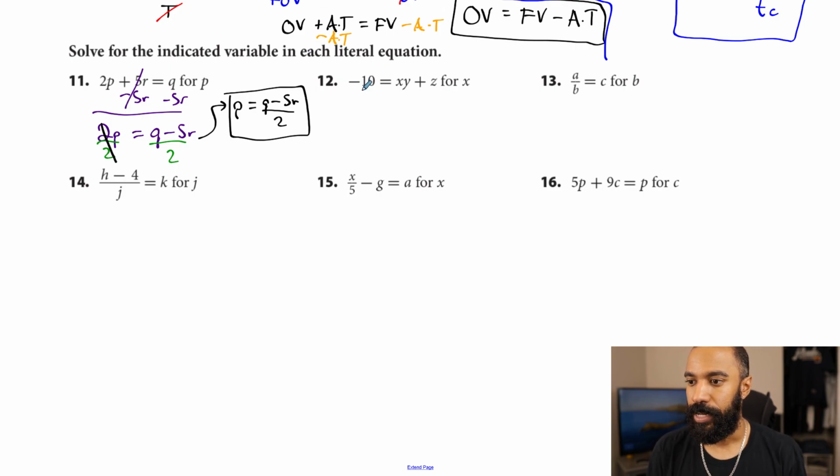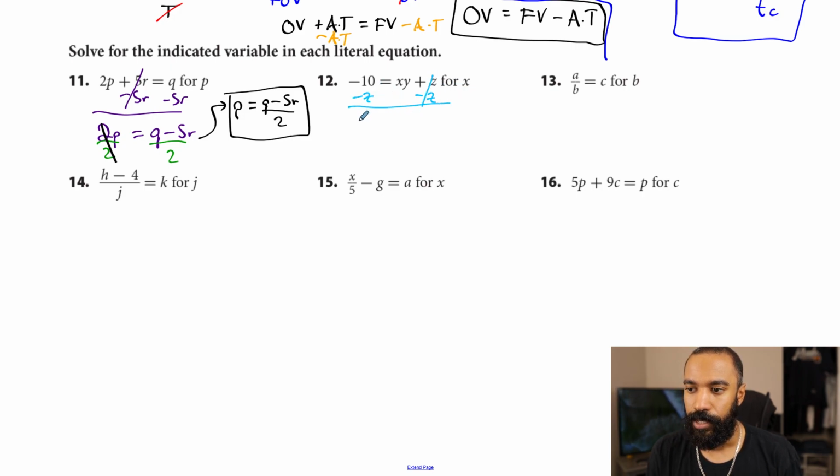Number 12. Negative 10 equals x times y plus z. We solve for x. Get x by itself as it multiplies with y, and z is added with it. Z is added with it kind of in the last stage, so let's subtract z from both sides to start. Move that term over right now, and you'll get negative z minus 10 equals x times y.